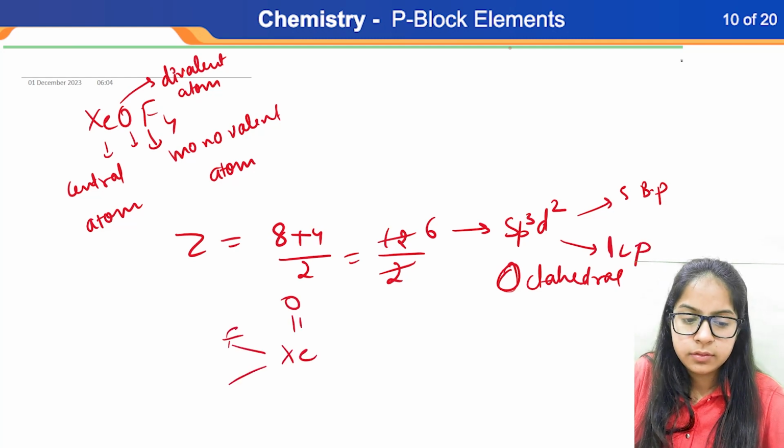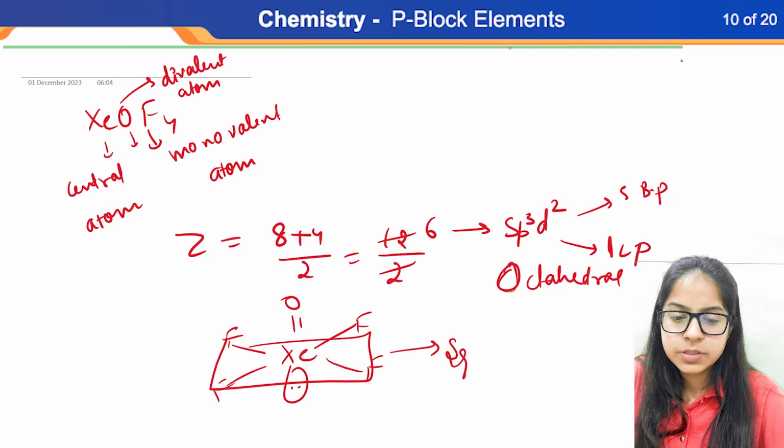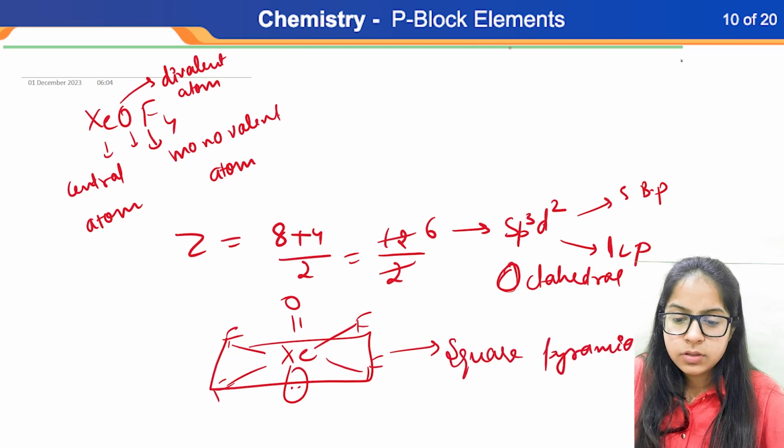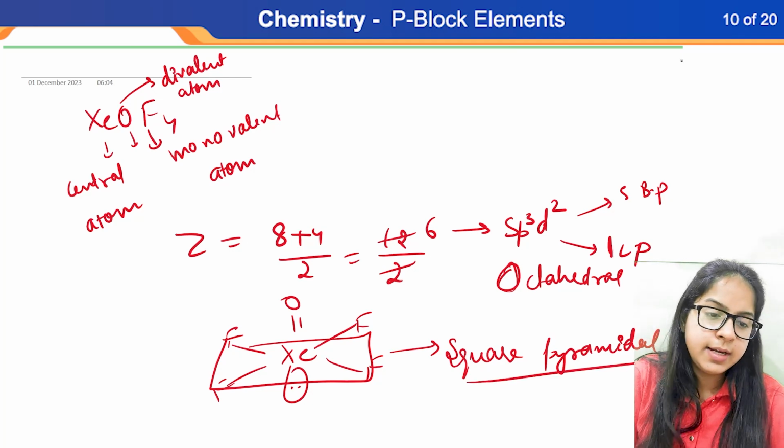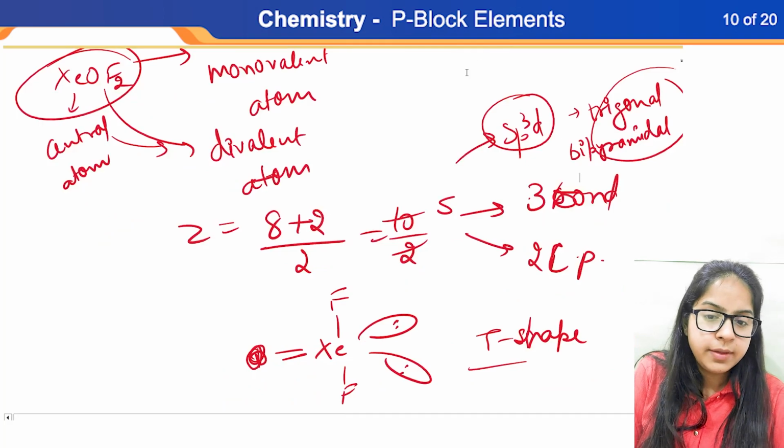XeOF4 is a square pyramidal type structure. So these are all the structures that are mentioned in NCERT also. So you can check from there also.